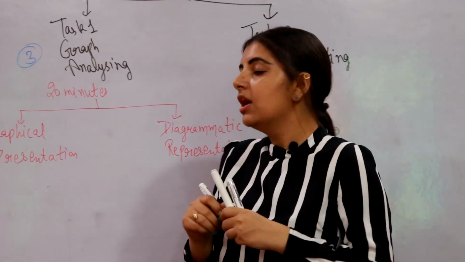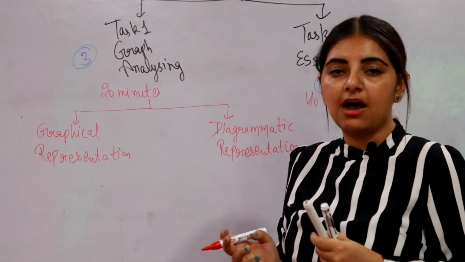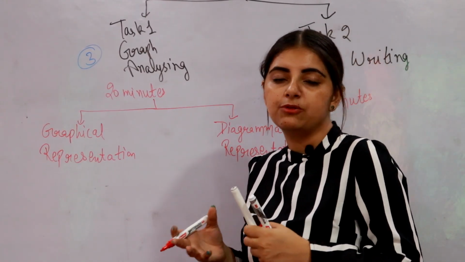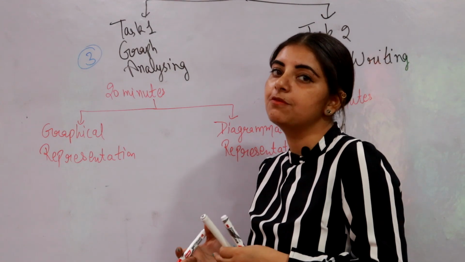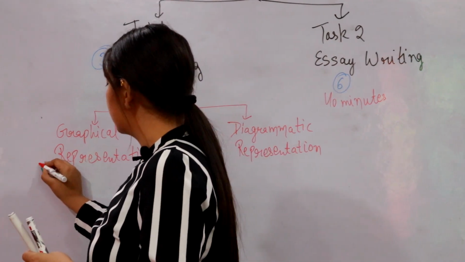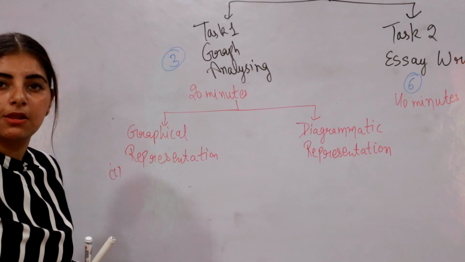So out of 9 graphs, which are the total graphs that we have to practice for the IELTS writing module, the graphs which are presented in the form of graphs, or we can say the data which is presented in the form of graphs, we categorize under the category of graphical representation.